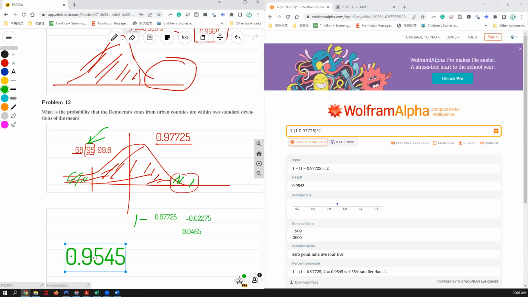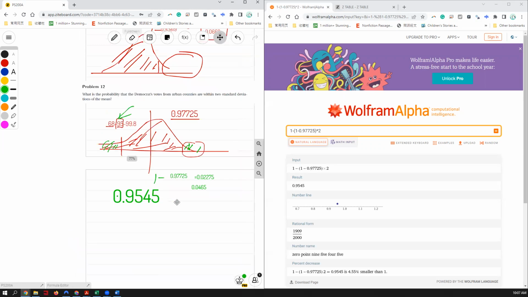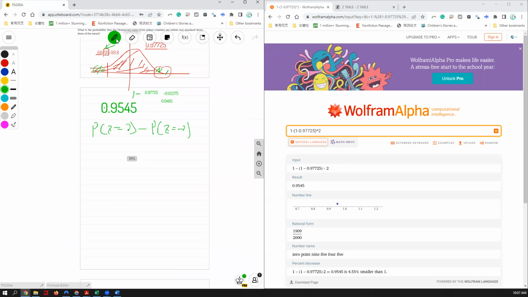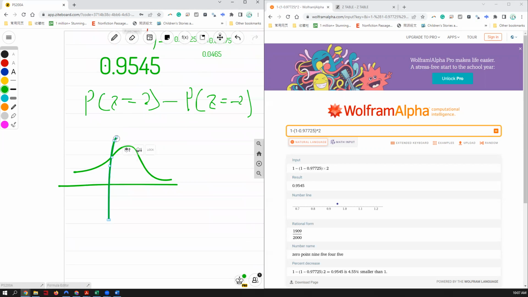On the other hand, another thing you can do is the probability of z equals 2 minus the probability of z equals, say, -2, right? Because if we do that, what you're doing is you are, sorry, terrible looking normal.